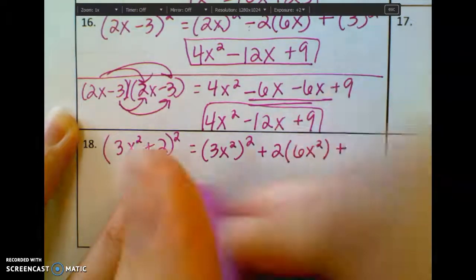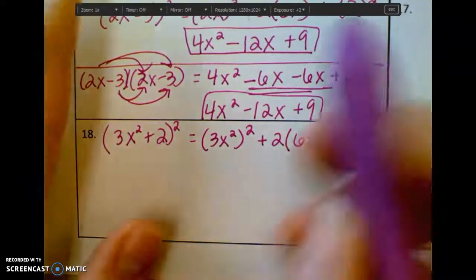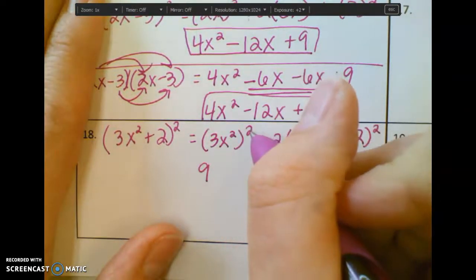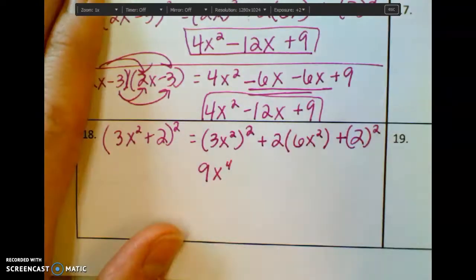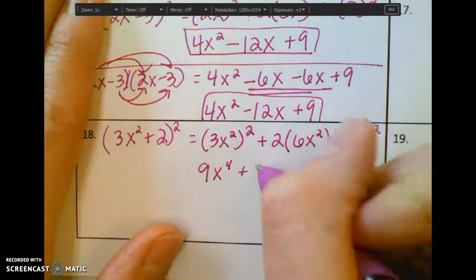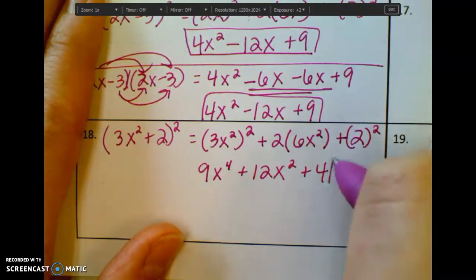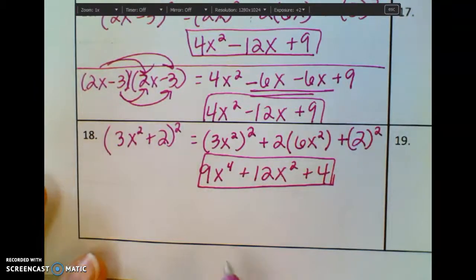And then at the end, I take the last term, 2, and square it. Well, 3 squared gives me 9, and x squared squared, remember here we multiply the exponents, so that's x to the 4th. Then in the middle, I've got 12x squared, I just multiply, and 2 squared gives me 4. If you distributed, then you will get the same answer as we did.